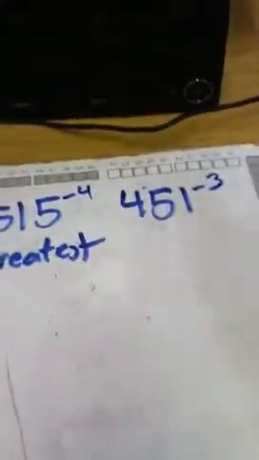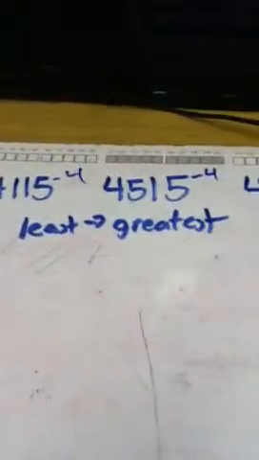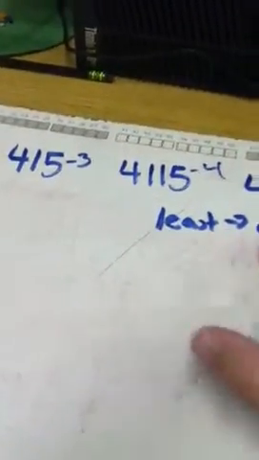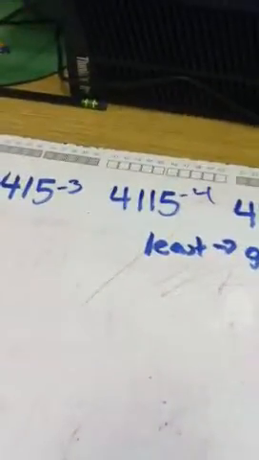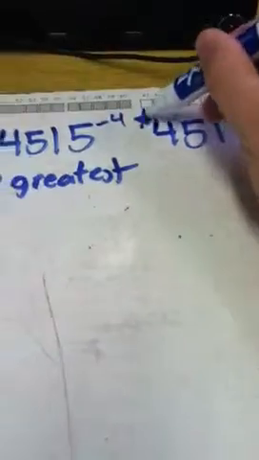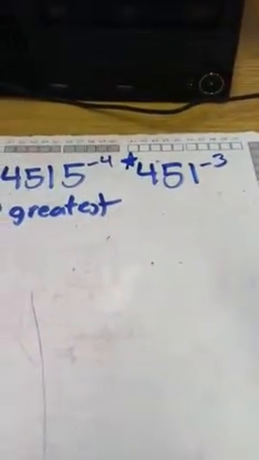So looking at these numbers, I'm going to look and say, all right, that's 3, that's 4, that's 4, that's 3. Okay, so I have 3 digits, 4 digits, 4 digits, 3 digits. So based on these 4 numbers, I can already tell you, since I'm going least to greatest, I have 2 numbers that I can look at first, the 415 and the 451.